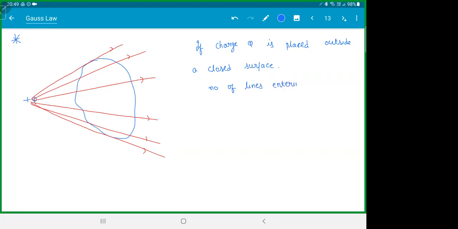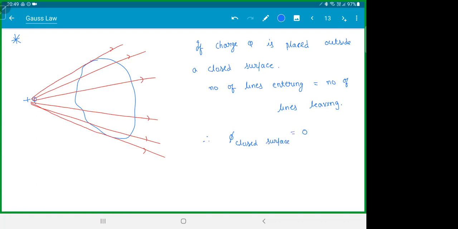Therefore, the flux through the entire closed surface is zero.